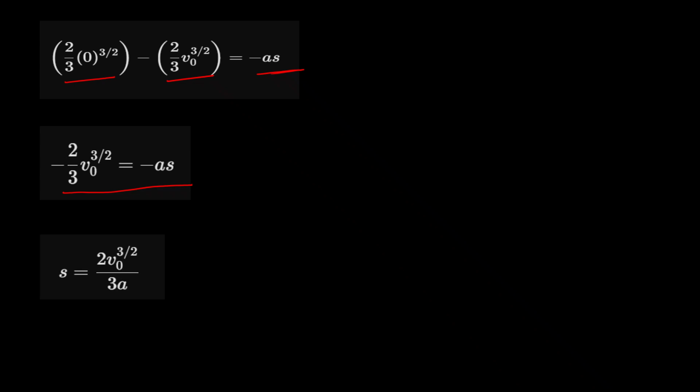Since 0 to any power is 0, the left side simplifies to just negative 2/3 times v naught to the power of 3/2, which equals negative a times s. Finally, by cancelling the negative signs on both sides and dividing by a, we find the expression for the total distance: s equals 2 times v naught to the power of 3/2, all divided by 3a.